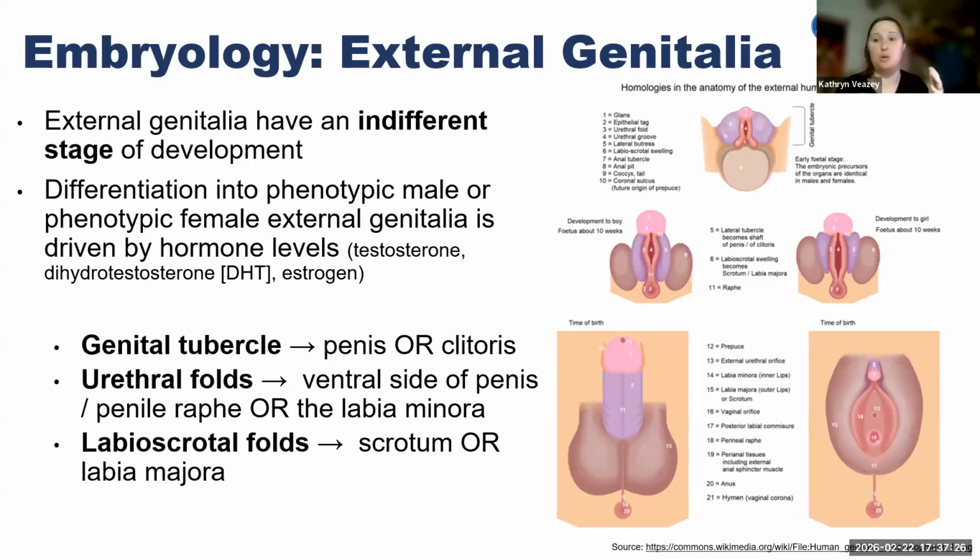By the time you're reaching weeks 12 to 14, give or take, you pretty much have the external genitalia decided. And at any point along that process, any of these steps can go a little bit awry, and they can cause some differences in sexual development, which are called DSDs, which can create atypical genitalia, meaning they don't fully fall into one of these categories. And again, that's anywhere between 3 through 14-ish weeks.